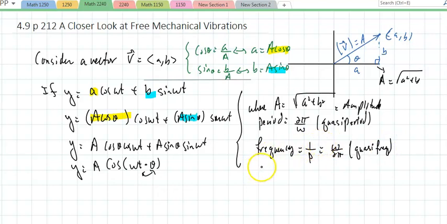And lastly, if we take this theta, that is inverse tangent of B over A. That depends on which quadrant you're in.